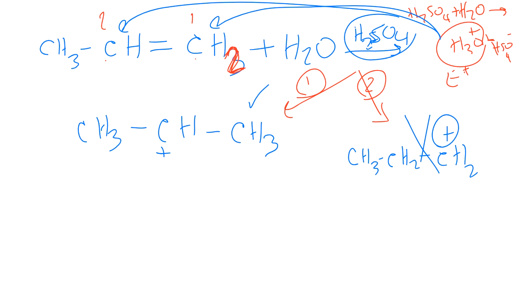Next, on the next step, water is going to come in as our nucleophile. So this is the first step, after formation of our electrophile, which is H3O plus. And the second step, H2O comes in as nucleophile.